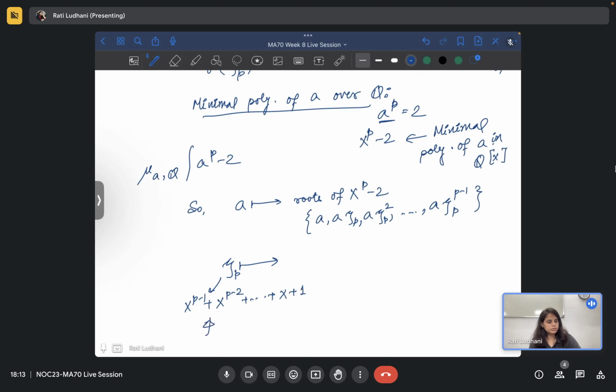So in the lectures we have this, the minimal polynomial of zeta is phi p(x).